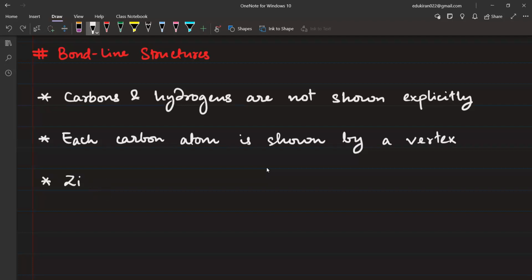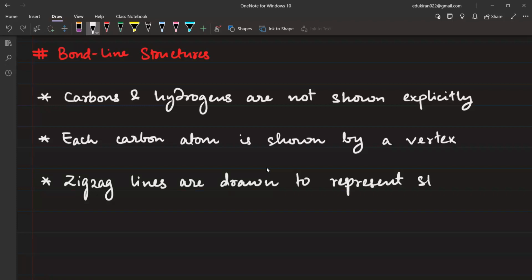Zigzag lines are drawn to represent structures.